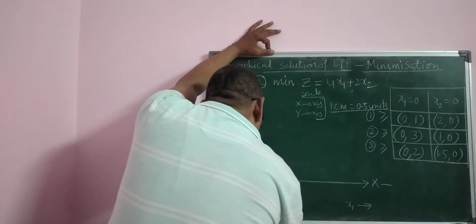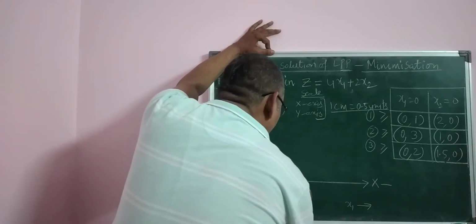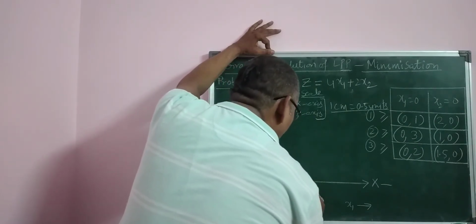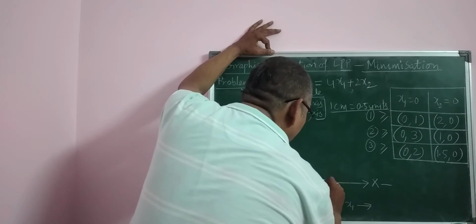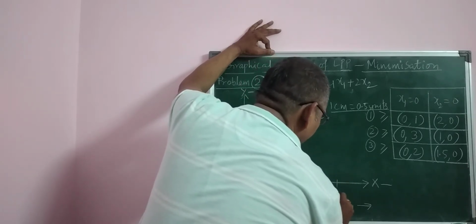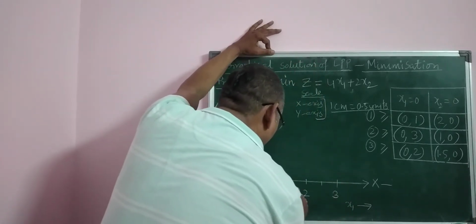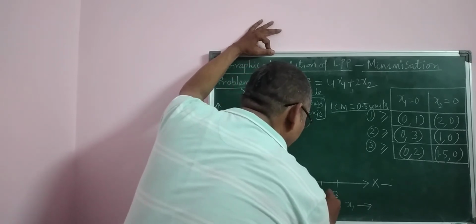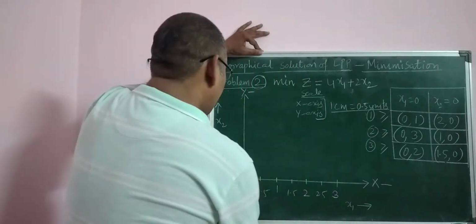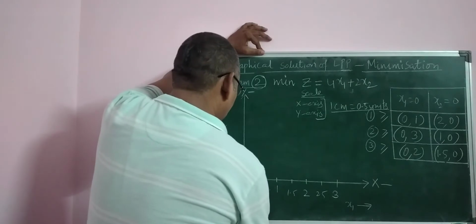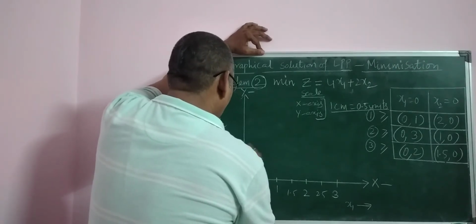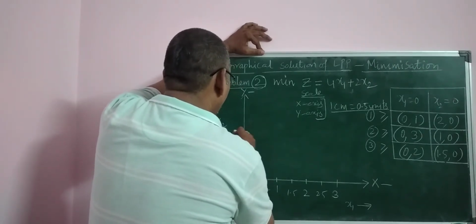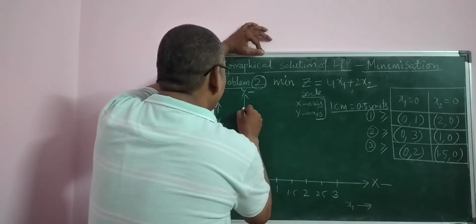So it is 0.5, 1, 1.5, 2 and 2.5, 3. Similarly, on the y-axis 0.5, 1, 1.5, 2, 2.5, 3.